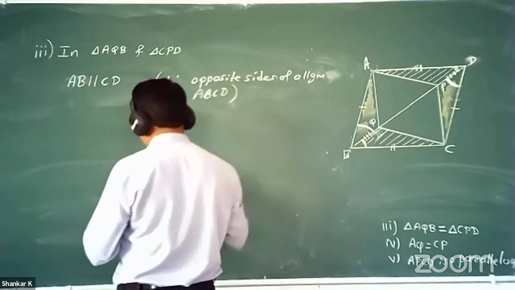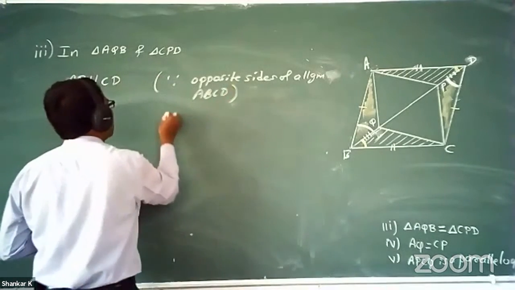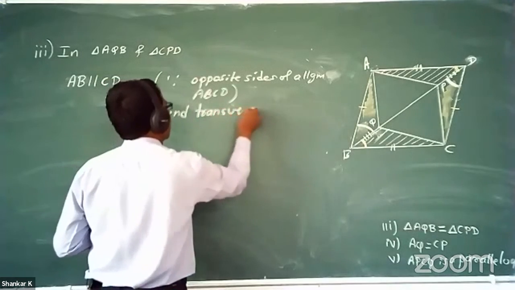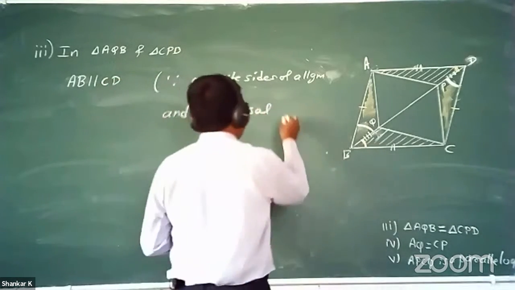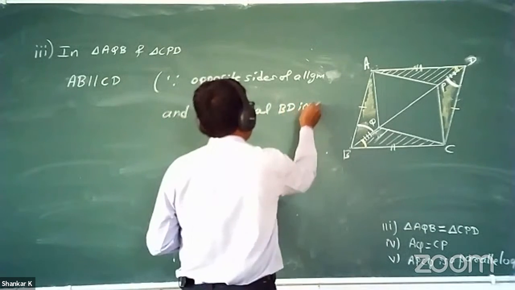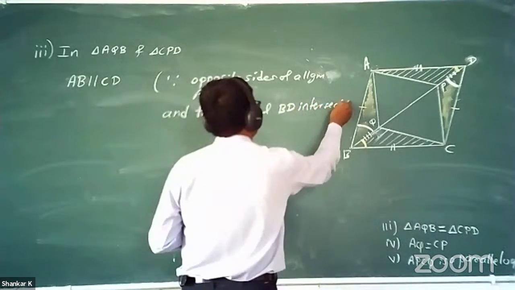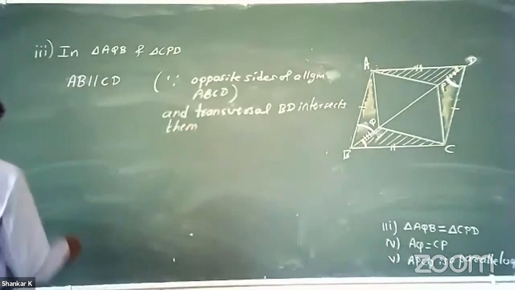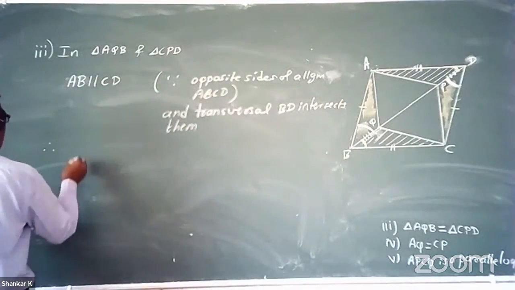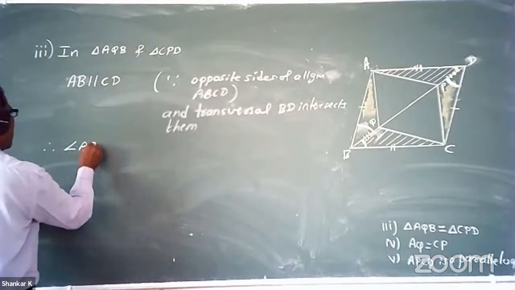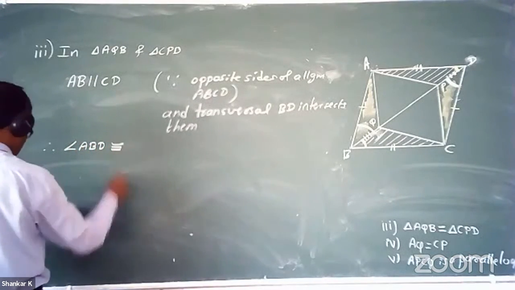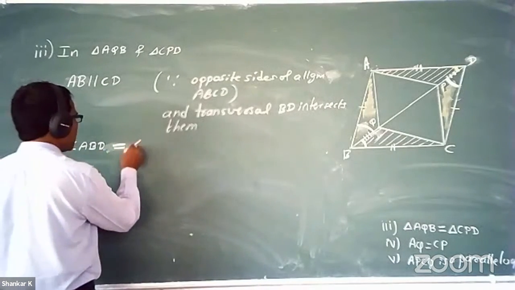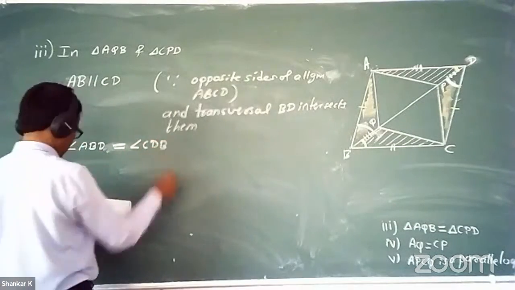That's why these are equal. And transversal BD intersects. Therefore, angle ABD equals angle CDB.